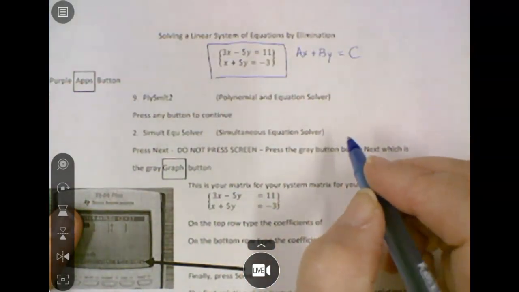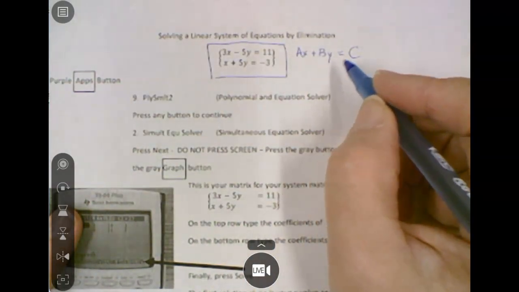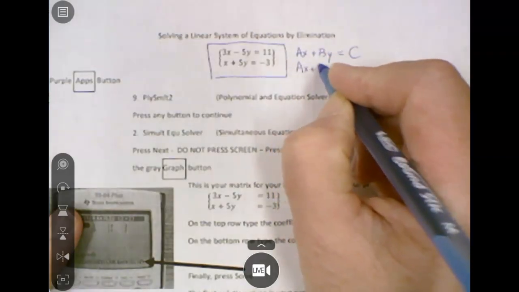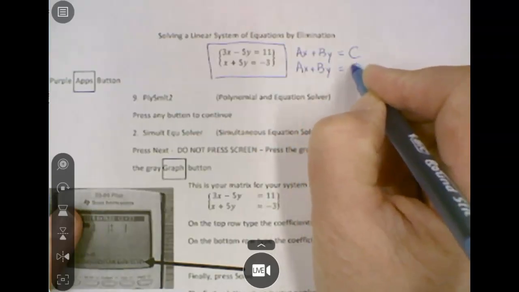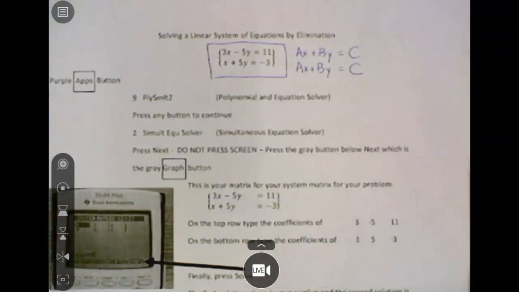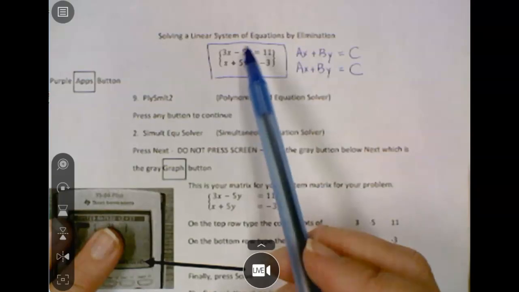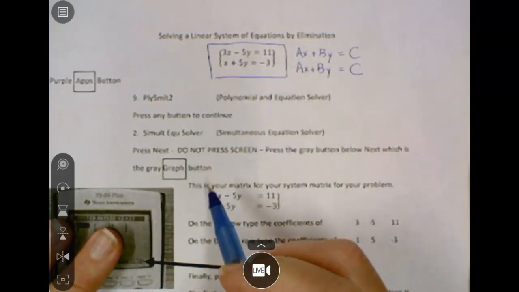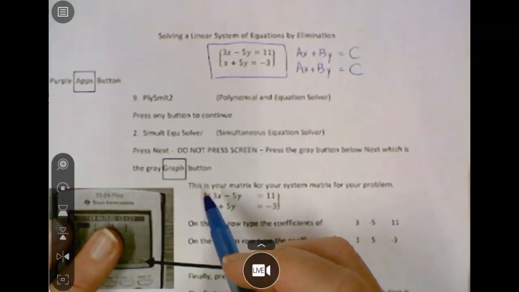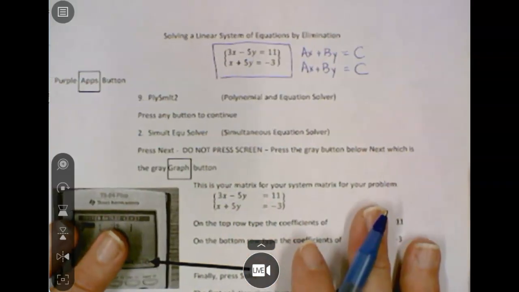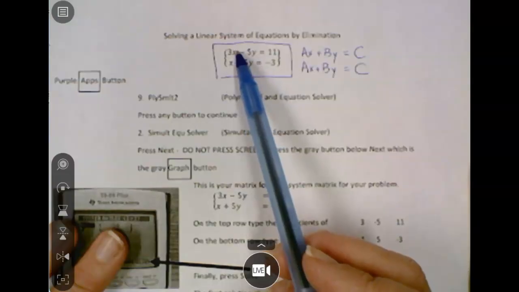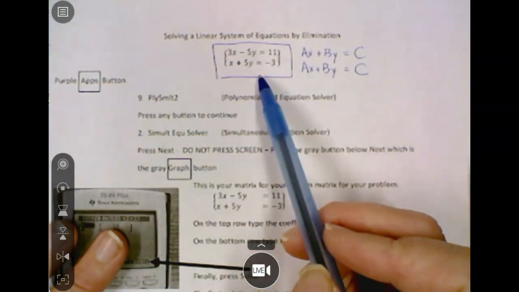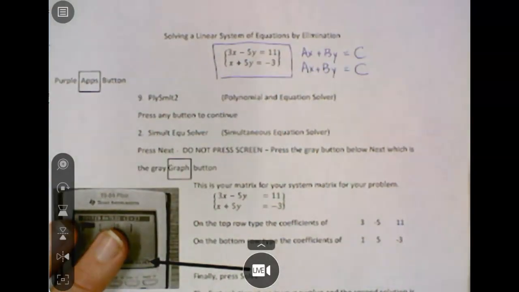The top equation has to have x first, y first, constant term on the right, and also the second equation has to be in that form. If you flip-flop and you have the y first and the x second, this will not work. Okay? Will not work. That's why we practice making sure you have your systems in standard form. So here is our system. It is in standard form.